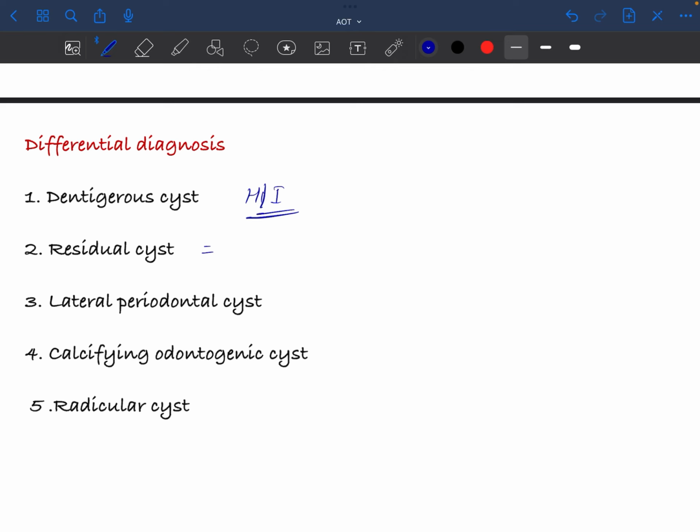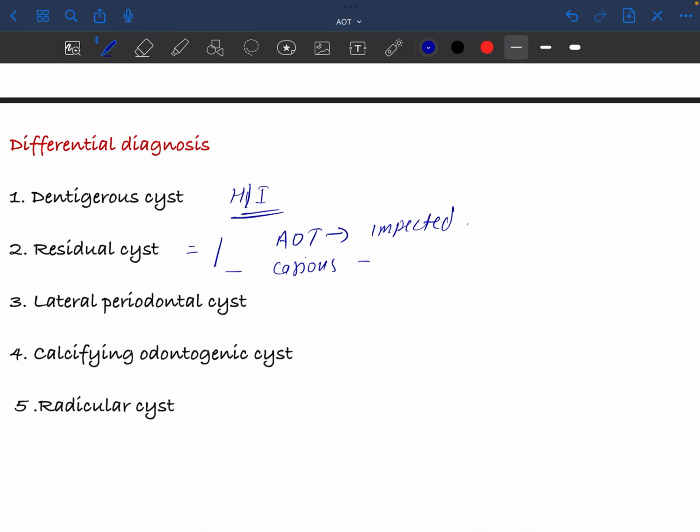Radicular cyst: the differentiator is that AOT is mostly involved with an impacted tooth, while a residual cyst is involved with a carious tooth, all of the time. Dentigerous cysts are most common with impacted teeth like lower molars, but AOT, not all of the time but most of the time, is going to present in the anterior maxilla only.